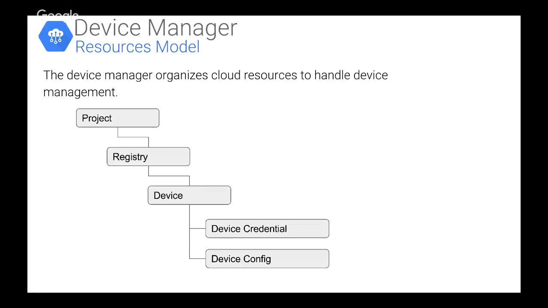So we associate all of your devices into this collection called a registry. And so the registry contains devices, and then each of those devices has credentials associated with it and a configuration associated with it. Also of note is that every device registry is associated with a Google Cloud PubSub.